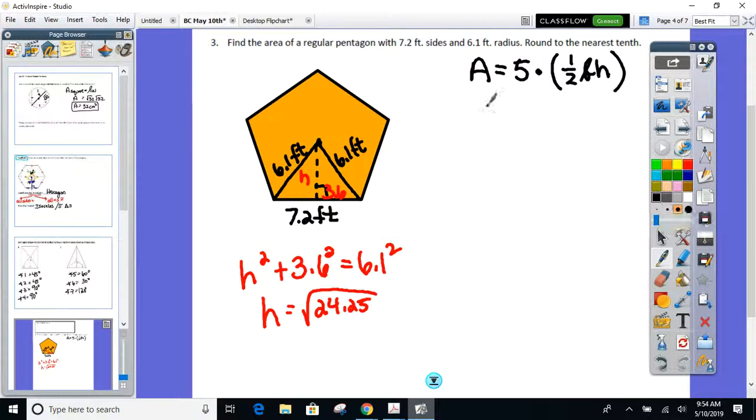Okay, now to find the full area. I got 5 times 1/2. What was my base length? Where's the height drawn to? Whoa, whoa, whoa. I knew this was going to happen. 7.2 times the height we just found. I'm just going to say square root of 24.25. And my final area, when you have a chance, round to the nearest tenth.